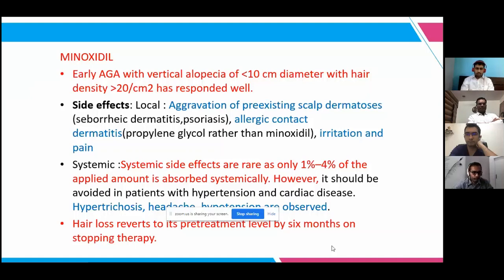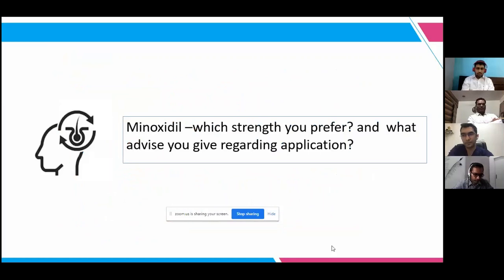There are 3 H's: hypertrichosis, headache, and hypotension. Remember these when thinking of minoxidil systemic side effects. The problem is hair loss reverses to its pre-treatment level by 6 months on stopping the therapy. Everybody should keep these in mind while prescribing minoxidil.